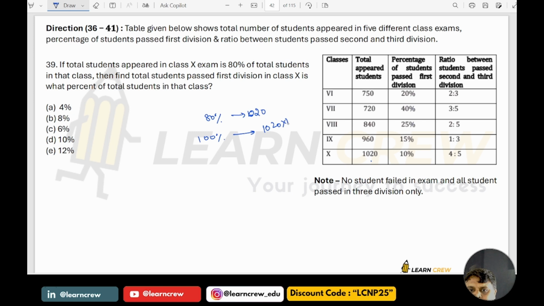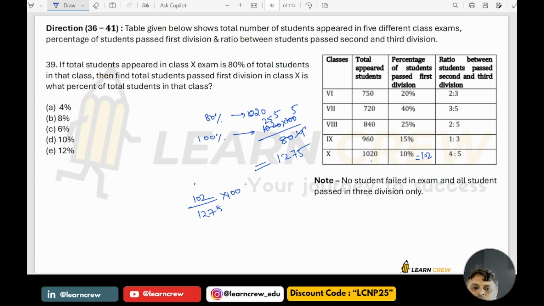1020 into 100 divided by 80. So how is it? 24s are 25s are, 4 how many times? 425s are 100 20, so 255 are 1275. So the total is 1275. How many are passed in first division? 102. So the question is now this 102 is what percentage of 1275?